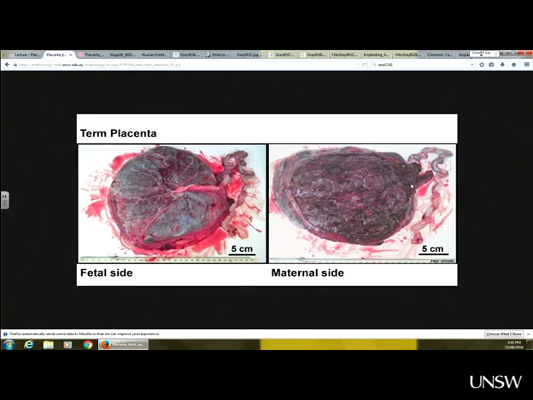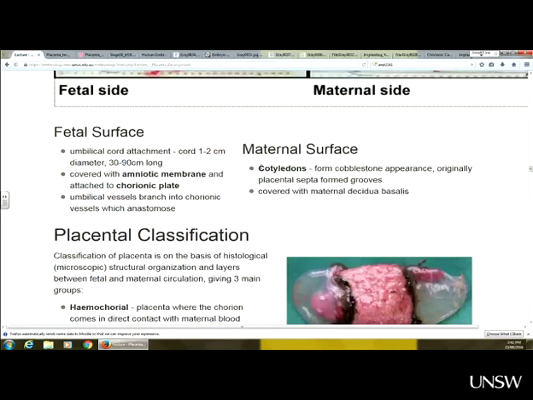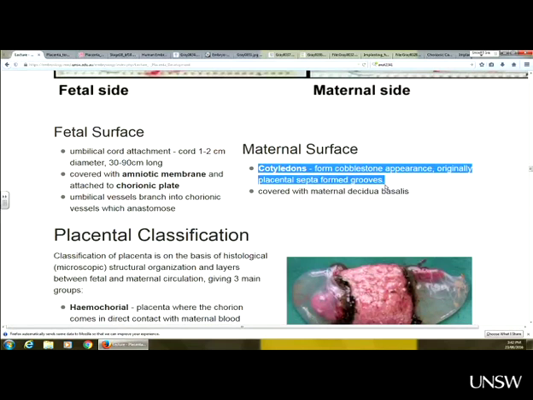So a big chunk of villi separated by connective tissue septa from the maternal side, forming a cobblestone appearance, and these structures are described as cotyledons. Cotyledons. So on the maternal side, cotyledons formed by these large clusters of villi.